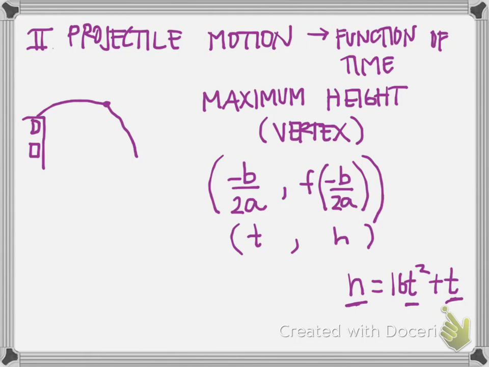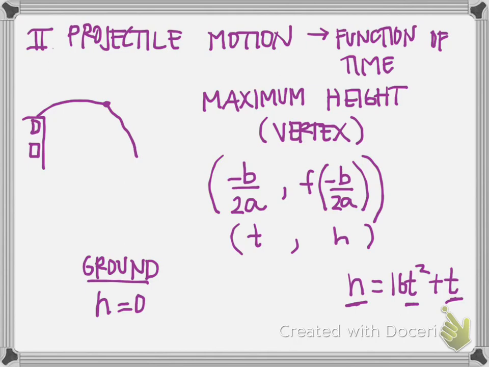Okay, if you want to know the time when the height hits the ground, then that would mean that my height would be equal to 0 if it was on the ground. If you wanted to know the time when it hit the ground, then you would let h be 0.